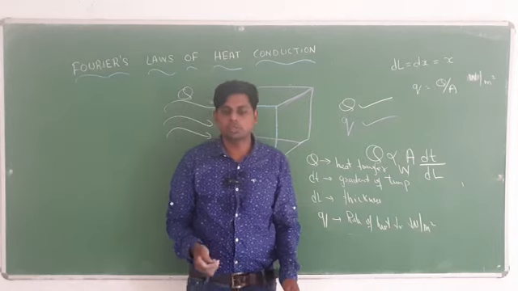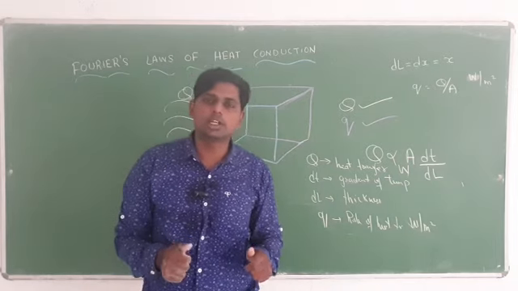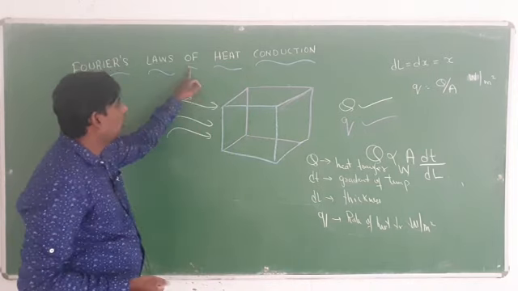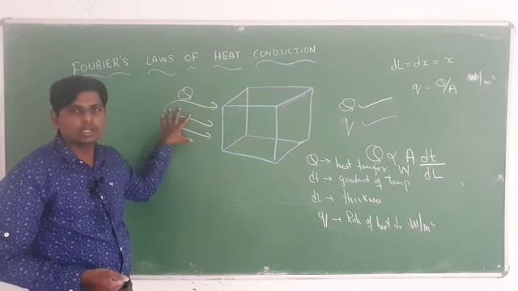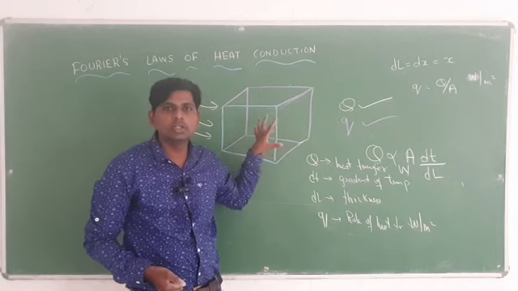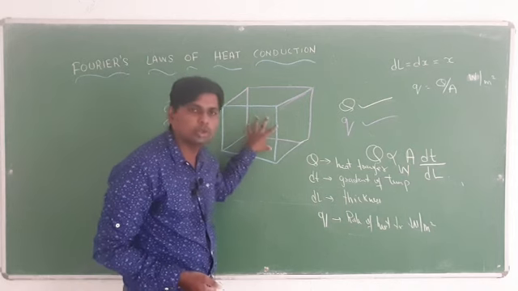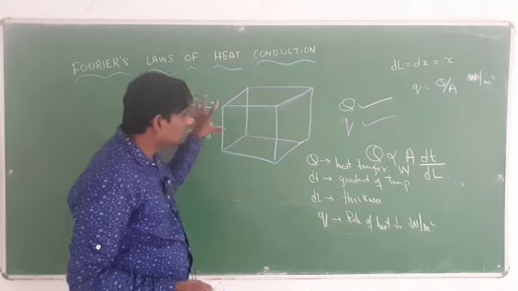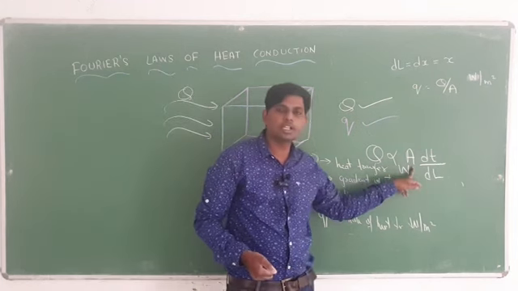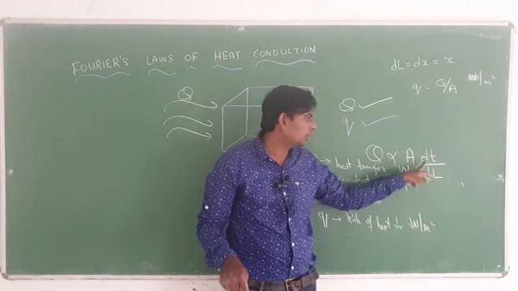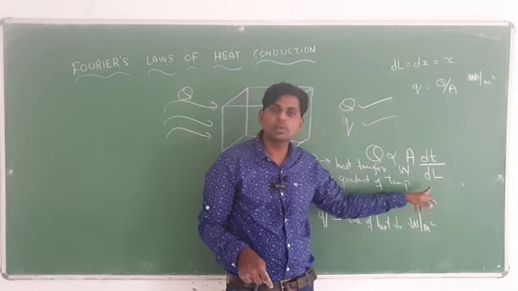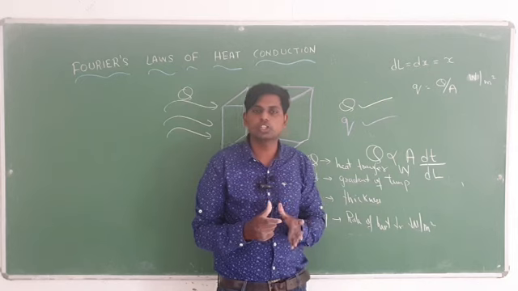So, you have to remember what is Fourier law of heat conduction. Here a simple definition is there: the rate of heat transfer through a simple homogeneous solid is directly proportional to its area, and directly proportional to its temperature gradient, and inversely proportional to its path, means length.